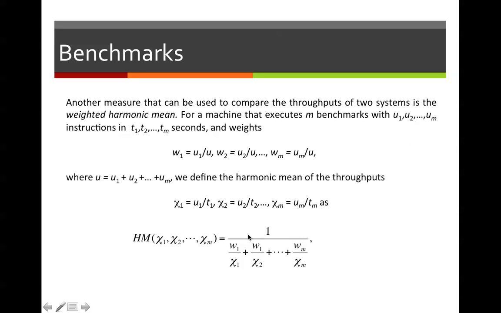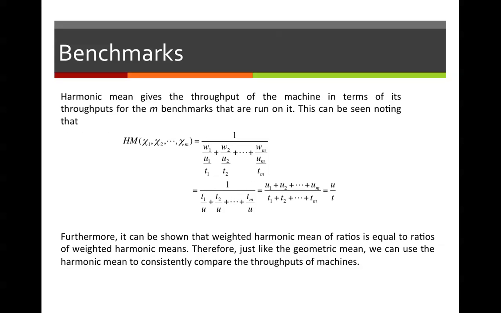The final thing that I want to talk about is the harmonic mean. We talked about this extensively. We have written throughputs, and then we've written the harmonic mean of those throughputs with respect to the weights that we have. What is left to work on, and I'm going to leave this as a homework problem, is to look at the harmonic means of ratios.